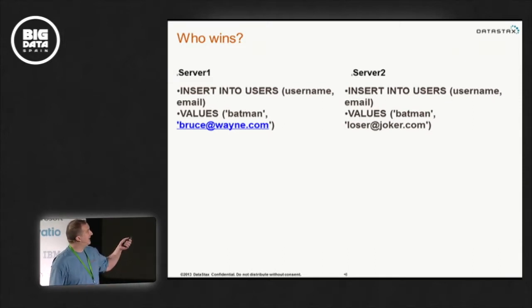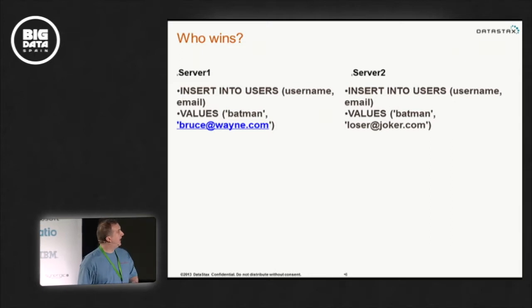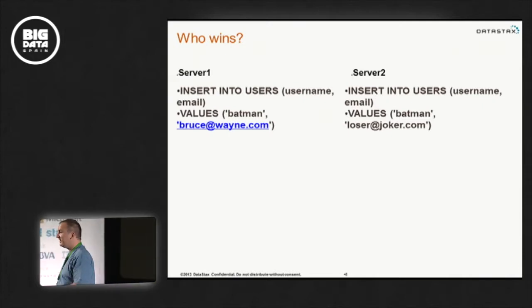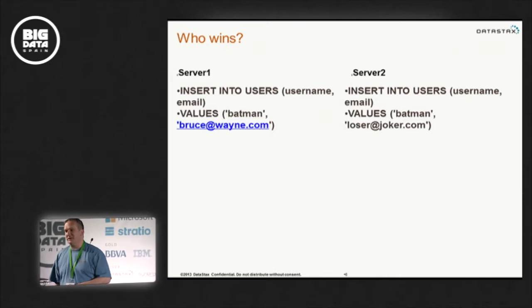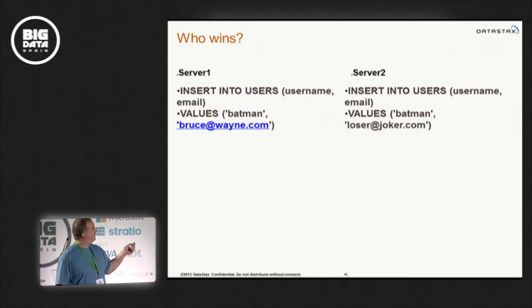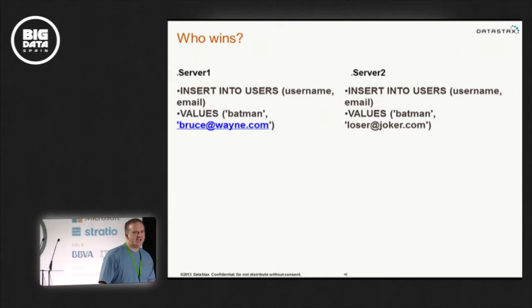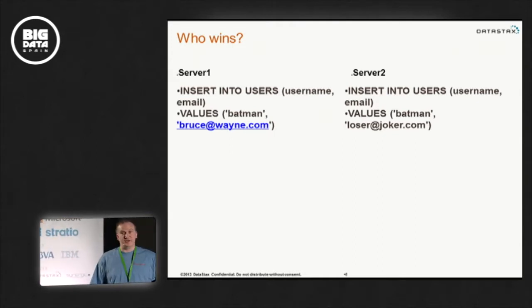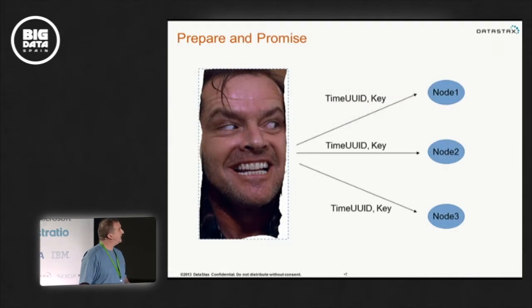Historically, the way that insert would work is that if the second insert comes in a couple of fractions of a microsecond later, it'll overwrite. So now I have this problem where the guy on the left thinks he's got his account and he's happy, but actually the guy on the right has overridden it with that email address, and now everything's going through that user. So here's how we do it. The first thing we have to do is get people's attention.